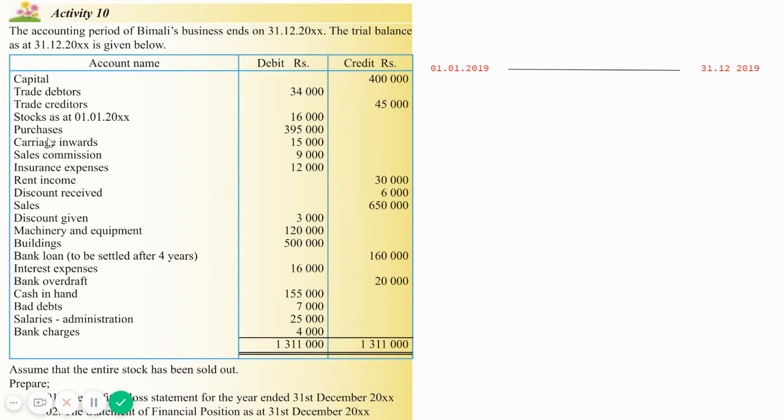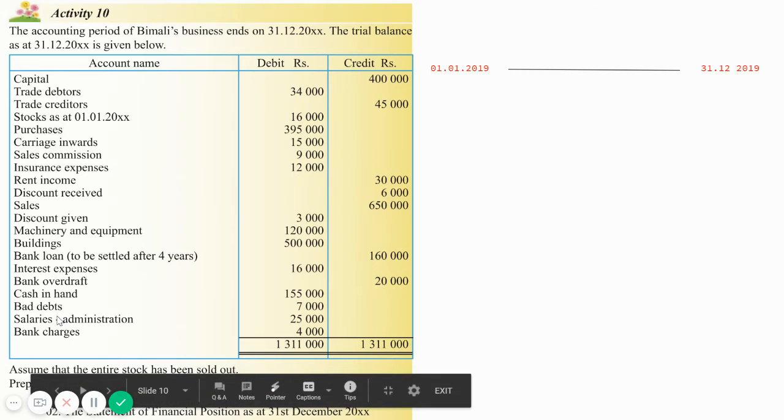Then purchases, carriage inward, sales commission, insurance expense, rent income, discount received, sales, discount given, machinery and equipment, buildings, bank loan to be settled after 4 years, interest expenses, bank overdraft, cash in hand, bad debts, salaries, administration and bank charges. Okay.